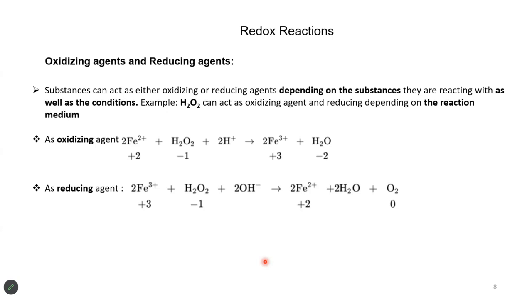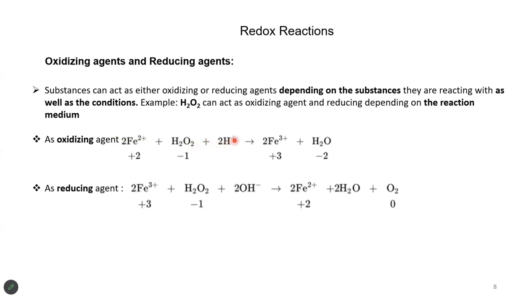We are talking about oxidizing agents and reducing agents. There are substances which can act as both oxidizing agent and reducing agent, and that depends on the medium as well as the temperature. Hydrogen peroxide is a substance which acts as a reducing agent or an oxidizing agent depending on the medium.